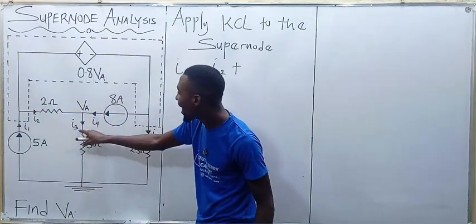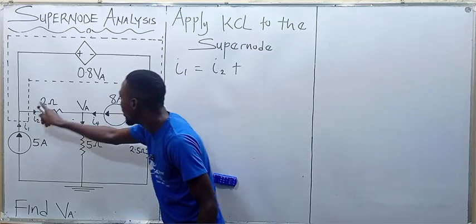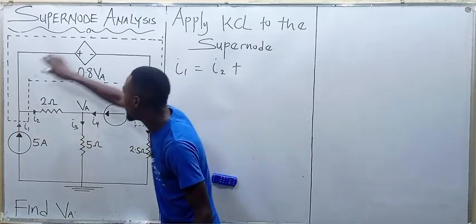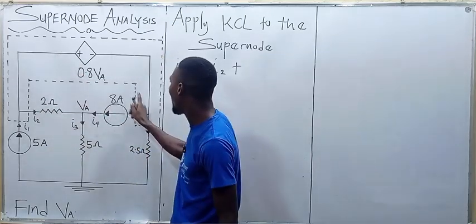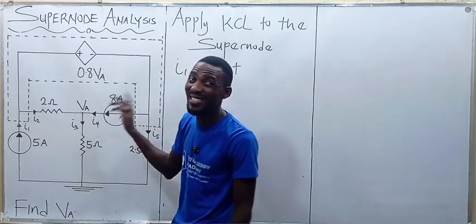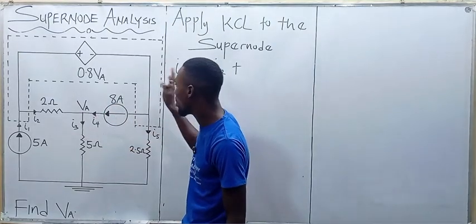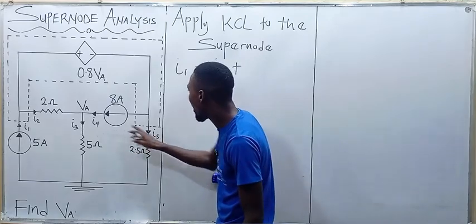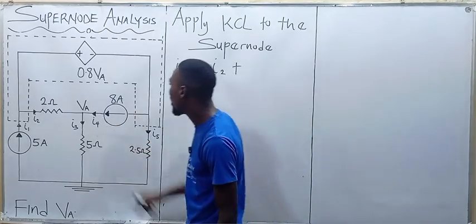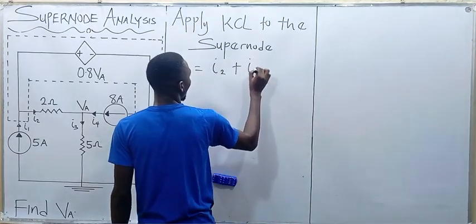We're not going to consider I3. Do you understand? Because we look at this supernode here. That's why I drew this diagram for us clearly, so you are going to see it clearly. We are treating it as a single node, and I3 has nothing to do with what we are treating. It's just I5, I4. I4 is leaving, I5 is leaving.